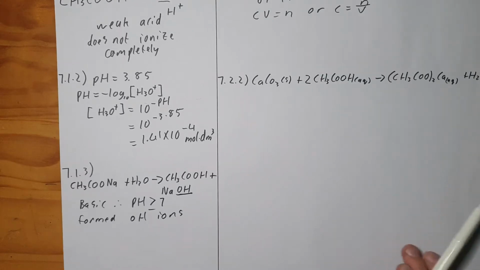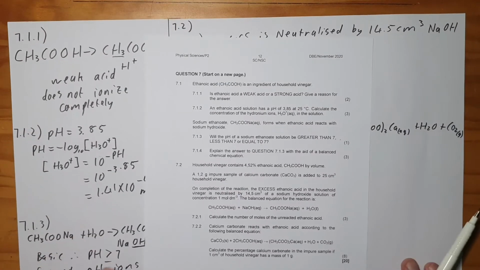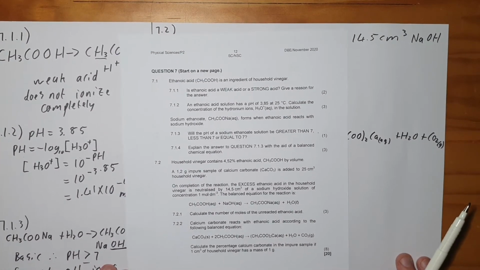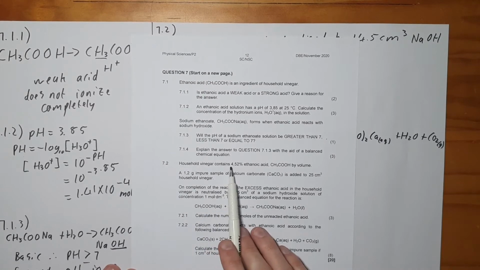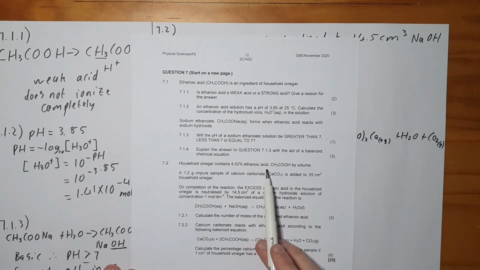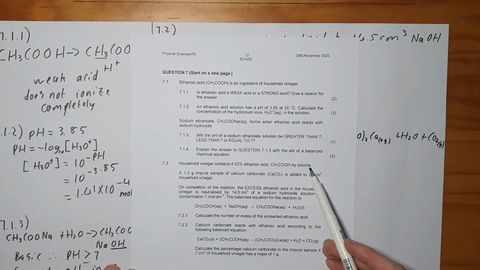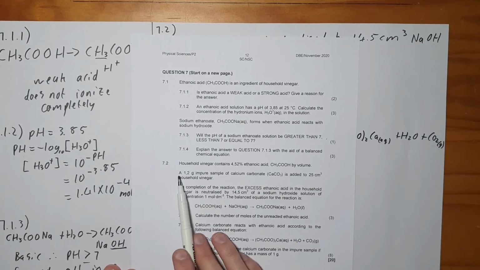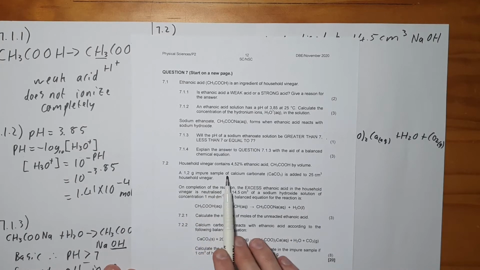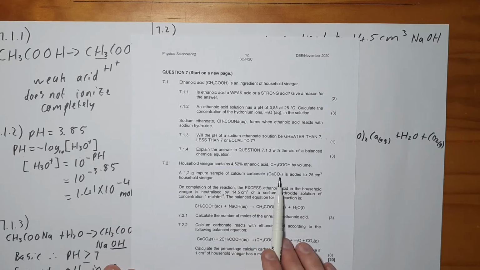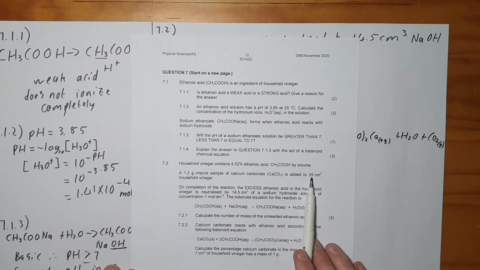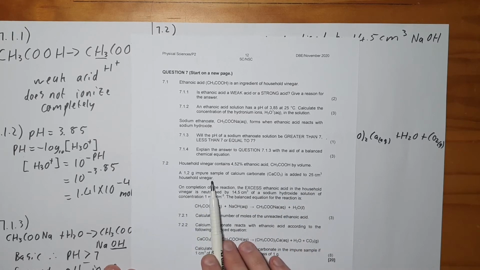Now 7.2 starts with the calculations. It says household vinegar contains 4.25% ethanoic acid by volume. A 1.2 gram impure sample of calcium carbonate, CaCO3, is added to 25 centimeters cubed of household vinegar.